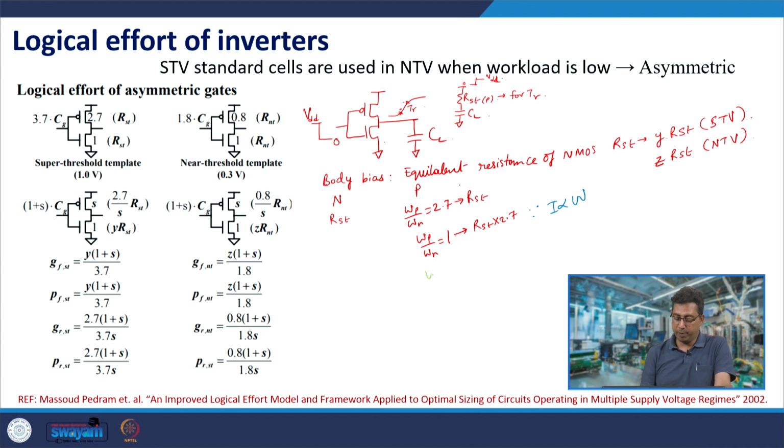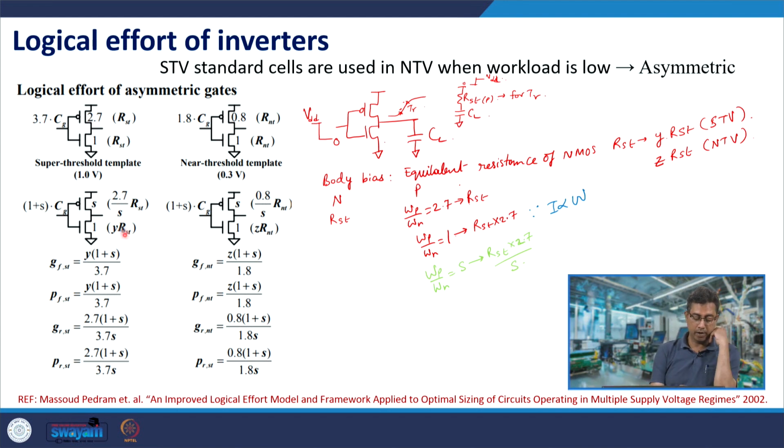So, for WP by WN equal to S, the equivalent resistance of the P MOSFET is this into 2.7 by S, by the same reason, because current has increased by a factor S. So, resistance has reduced by a factor S for the same terminal voltages.